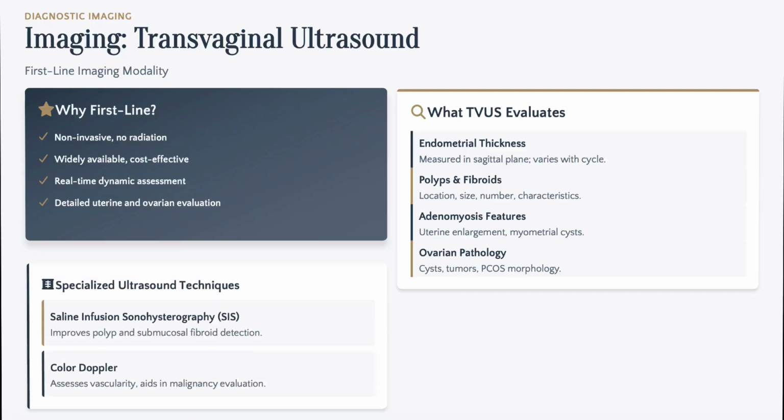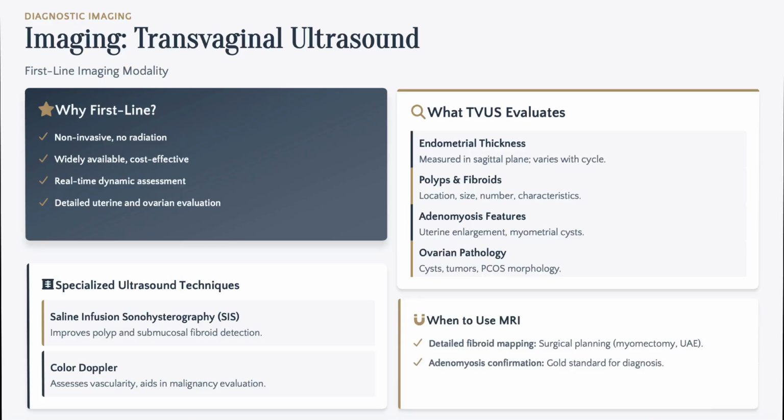That's number one. And you can do specialized ultrasound techniques like saline infusion sonography or even color Doppler if they are available. When do you use MRI?